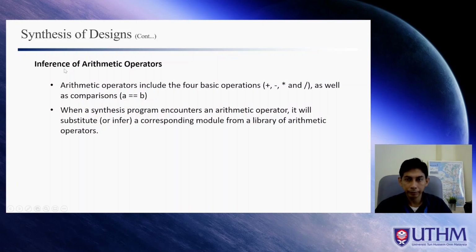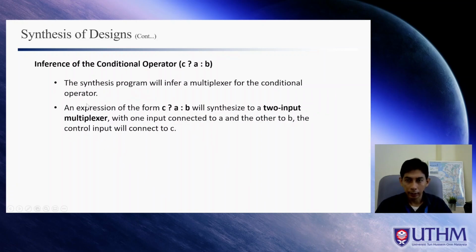Inference means to substitute or infer, all right, means to replace or to create the circuit based on the operator that you use. All right, if you use this, it will infer an adder, for example. Okay, so again, if you use this conditional operator, which we have looked at in the previous lecture, it will create or infer the multiplexer.